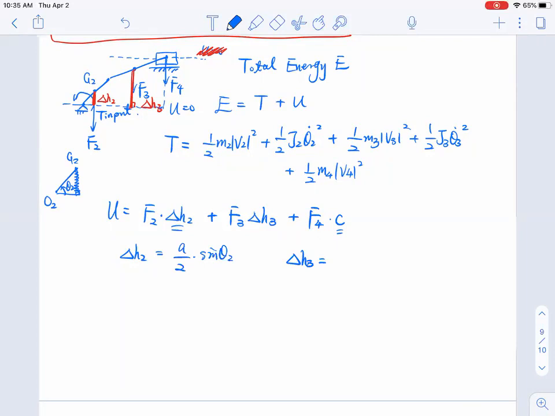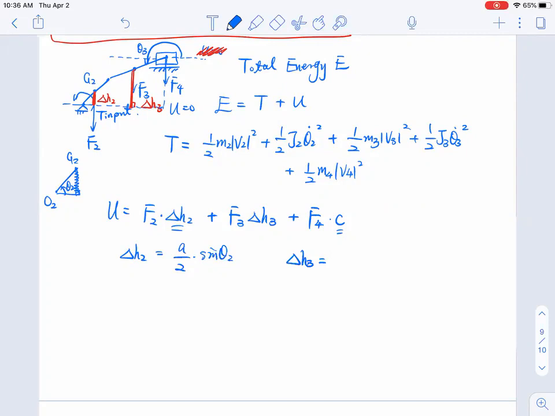You actually have two ways to calculate it. Let's recall where theta 3 is. We define theta 3 at this angle. Not all these delta h's can be calculated easily from the geometry relationship.